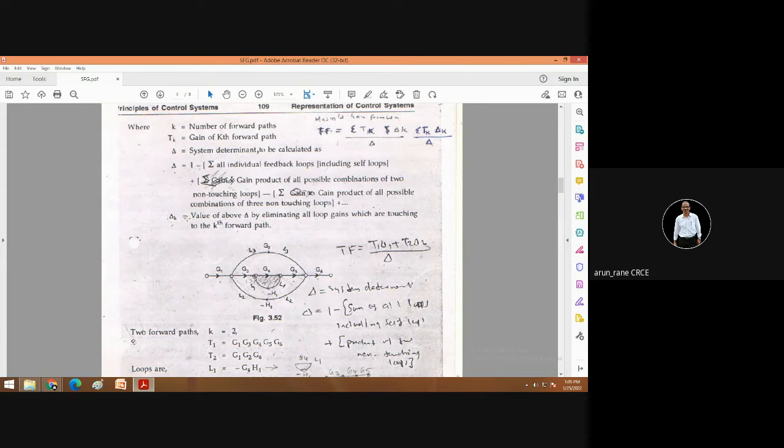And delta k is nothing but this same system determinant, but you have to find delta 1, delta 2, delta 3. It is the value of delta obtained by eliminating all loop gains which are touching the kth forward path. So just concentrate on this.